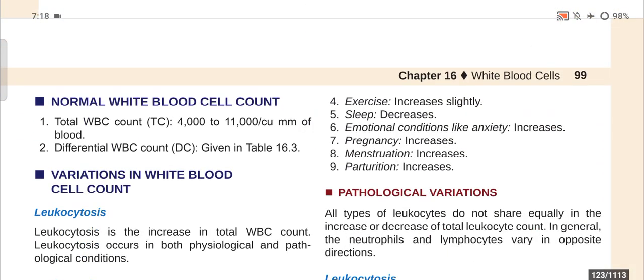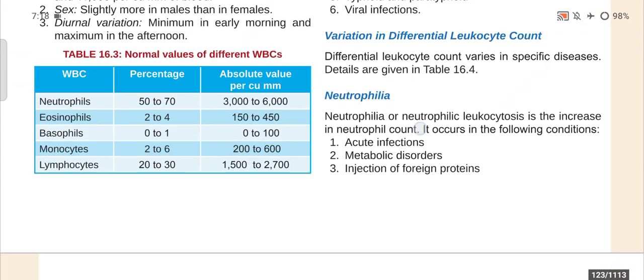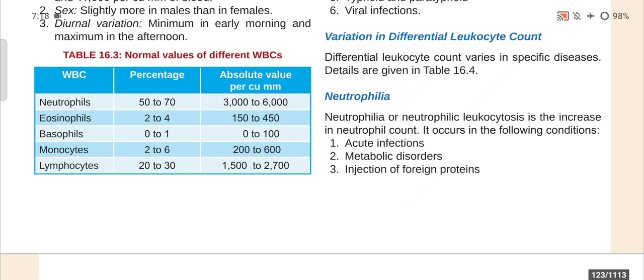So we have discussed the TC and DC, the total count and differential count of the WBC. The TC is 4000 to 11,000 per cubic mm of blood, and in the differential count, maximum is neutrophil 50 to 70%, then lymphocyte 20 to 30%, then monocyte 2 to 6%, then eosinophil 2 to 4%, then basophil 0 to 1%.